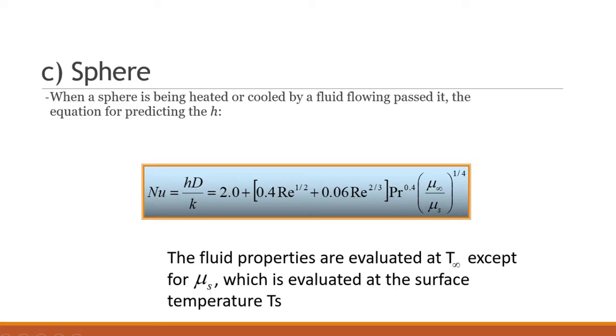This is the equation for the Nusselt number for a sphere: Nu equals 2.0 plus 0.4 Re to the power of 1/2 plus 0.06 Re to the power of 2/3, close bracket, Pr to the power of 0.4, times open bracket mu infinity over mu surface close bracket to the power of 1/4. This is basically the Nusselt number equation for a sphere.